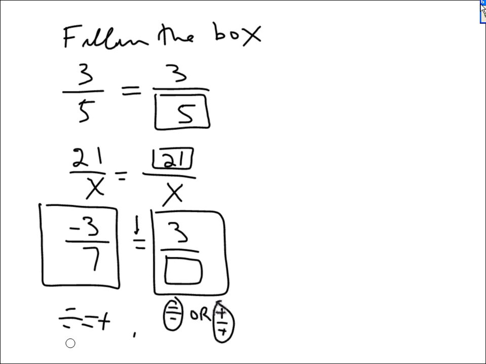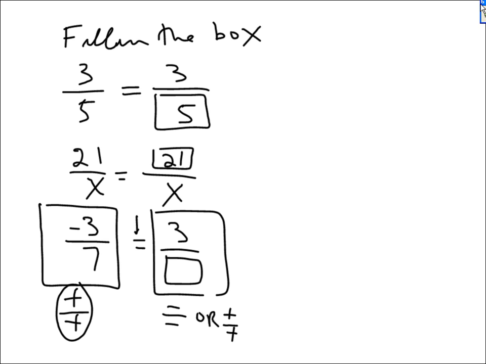If, on the other hand, the left side has positive over positive, the other side can be negative over negative or positive over positive. That is, if these two are both the same, then on the other side, they both have to be the same. Because then you'll have the same sign, positive in this case.